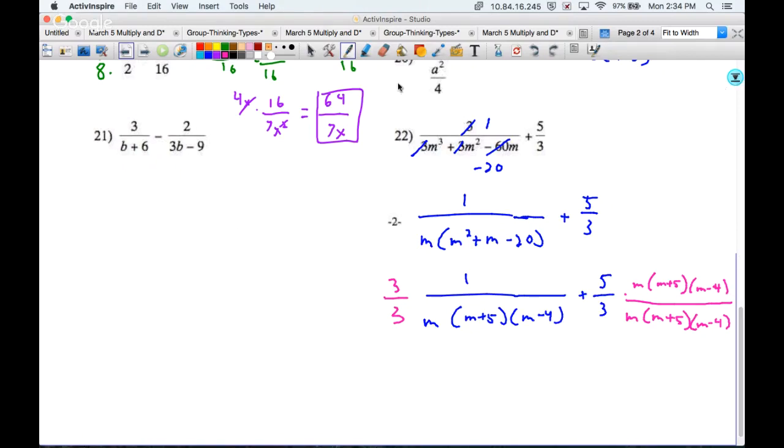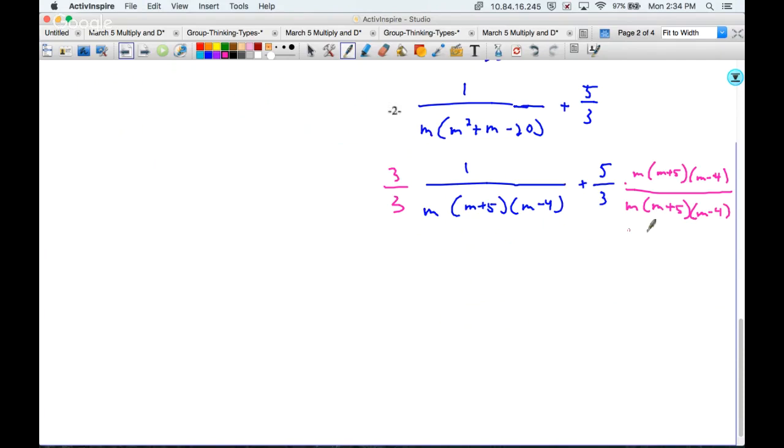All right, now that my denominators match, they'll have the same parts, just in different orders. I can just add the numerators.